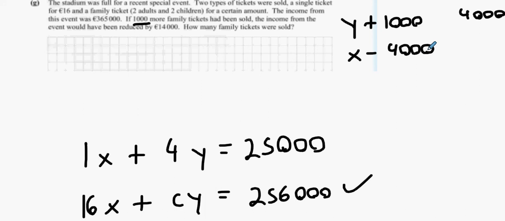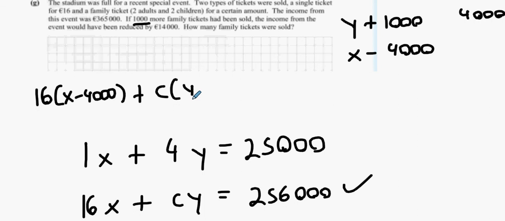Let's recalculate the amount of money this time. 16 multiplied by what, lads? X minus 4,000. Plus C multiplied by what? Equals 14,000 less.